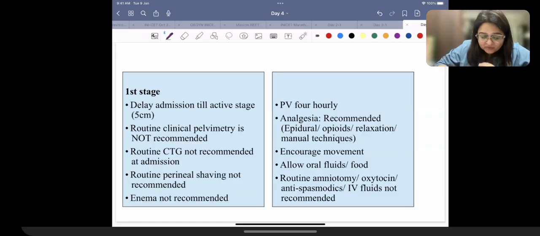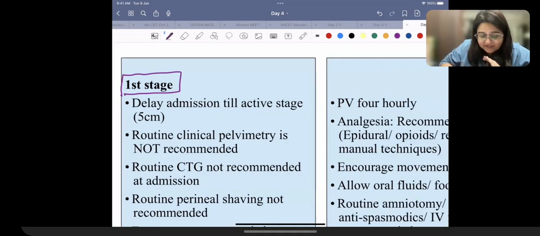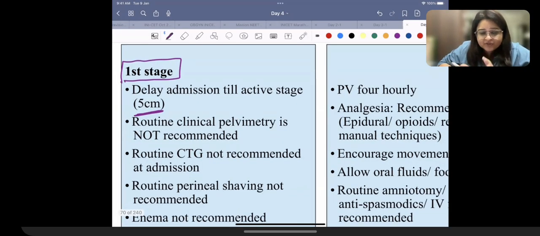Okay, now coming to the WHO, what the WHO says about the first stage of labor. First stage of labor now starts at 5 centimeters. So don't admit the patient till she is 5 centimeters dilated. ठीक है? इंडिया में ये पॉसिबल नहीं है.